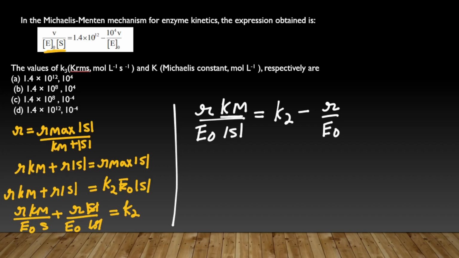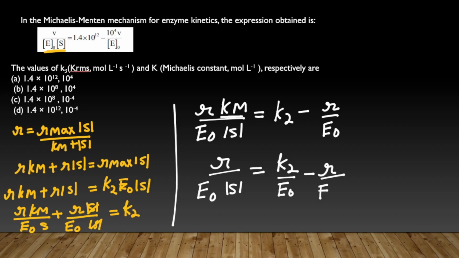Now this Km, if I bring it in the denominator, it will be R upon E naught into S is equal to K2 upon E naught, minus R upon E naught into Km.